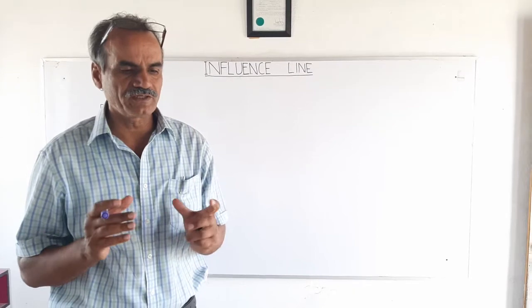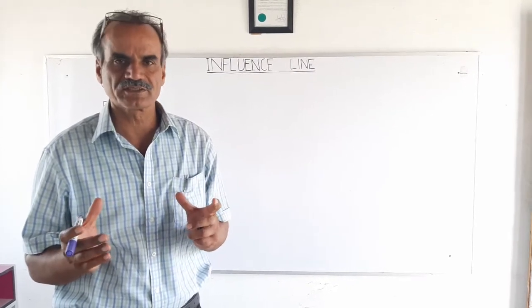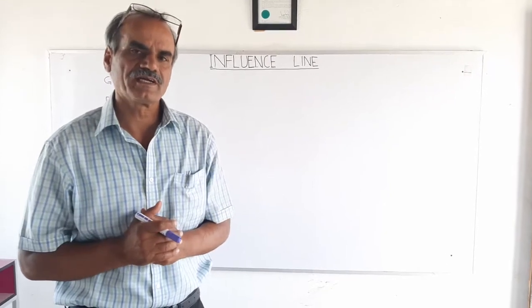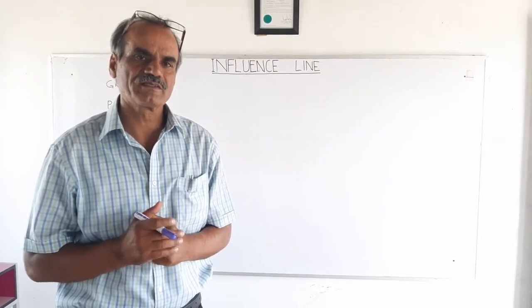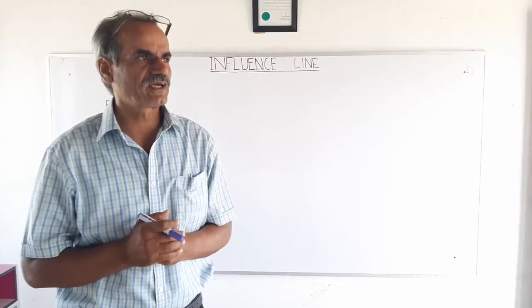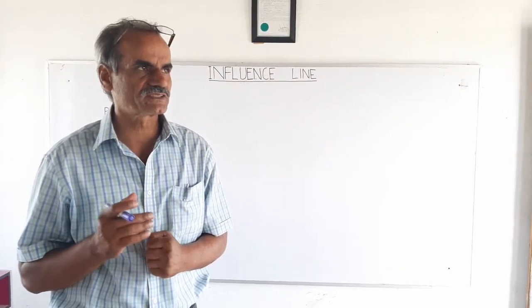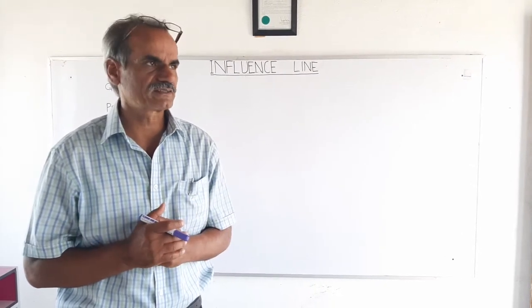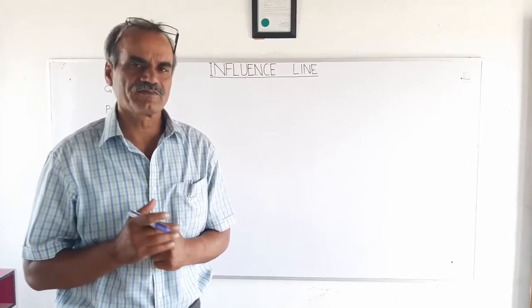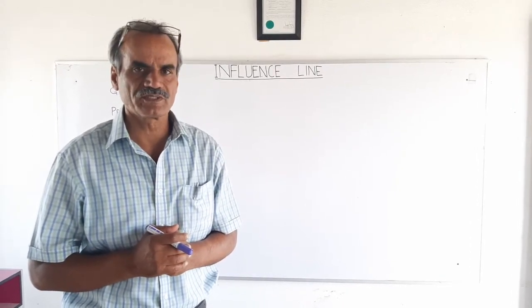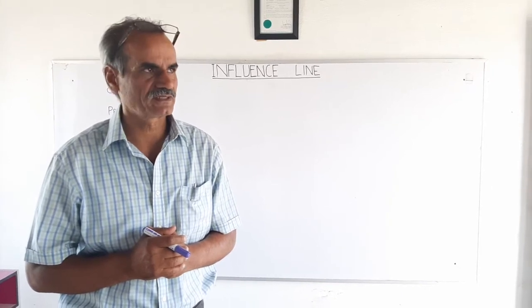So we need to analyze the structure's response, or find out the ways and means by which, with simplicity, we can analyze the structure's response for the varying load, in which the most common varying load is the traveling load, the moving load, right?